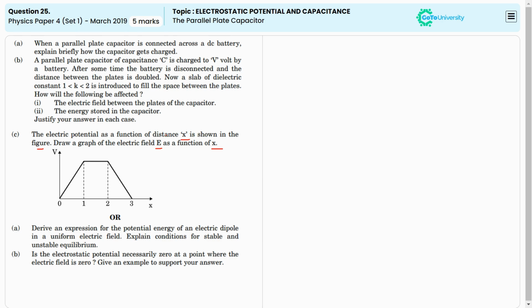So we know that V is equal to K times X, where K is the slope here. Then we can see that V is directly proportional to X. We know that E is equal to minus dV by dx.